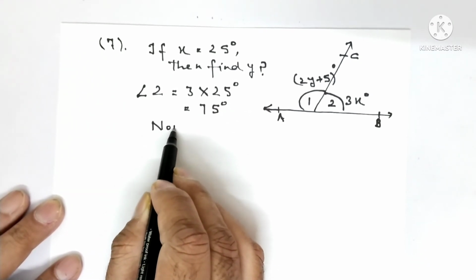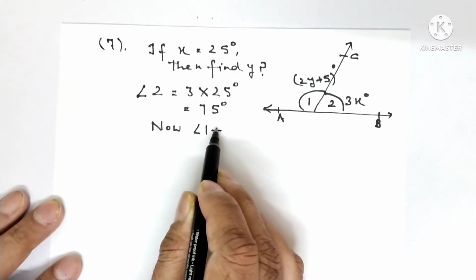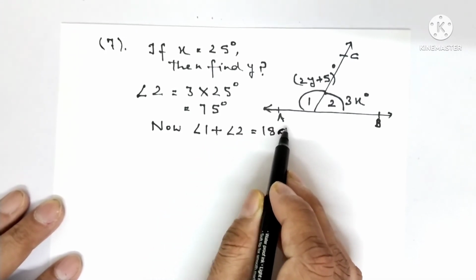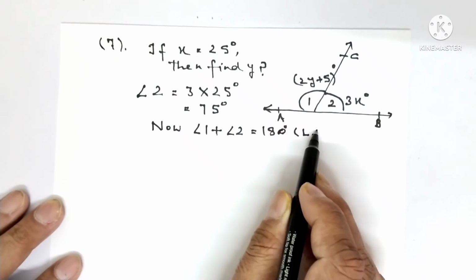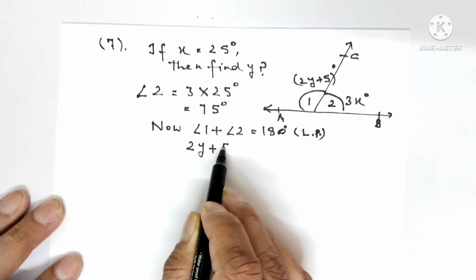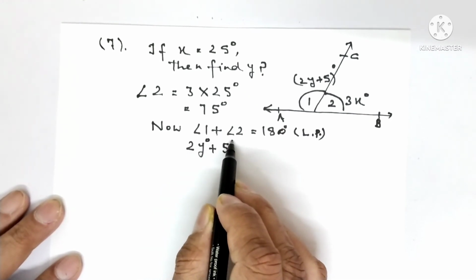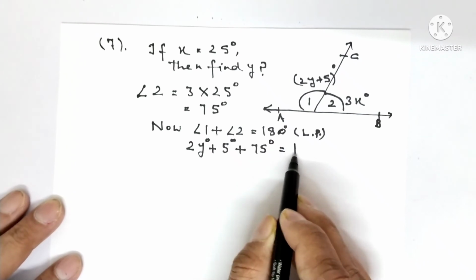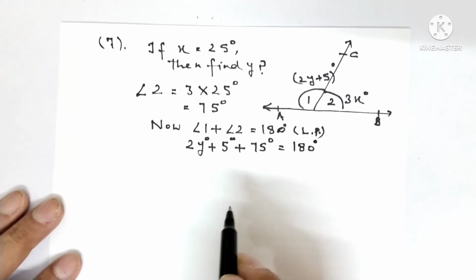Now angles 1 and 2 are forming a linear pair. 1 plus 2 is equal to 180 degree. This is a linear pair. Angle 1 is 2y plus 5. So 2y degree plus 5 degree plus angle 2, which is 75 degree, is equal to 180 degree.